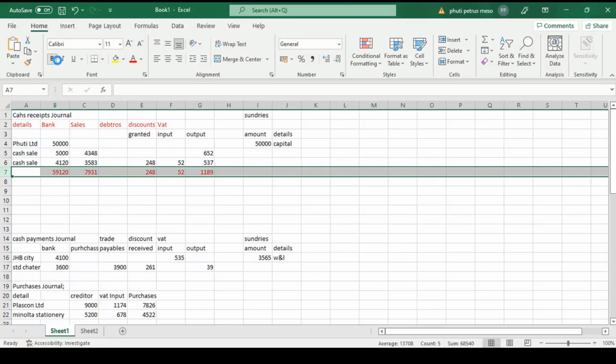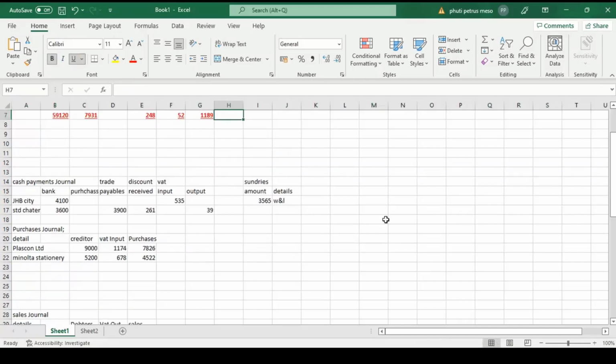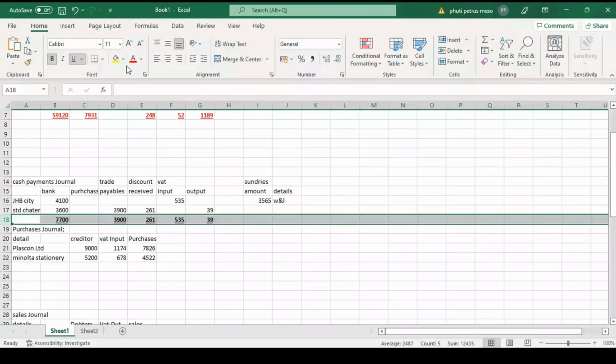Then you put your bold, and then you align them. So these are your actual totals for your cash receipts. So the cash payments here, it should be 7,700. 7,700, 9,261, 535. Just add them, and then you underline them just to show that they are your totals.